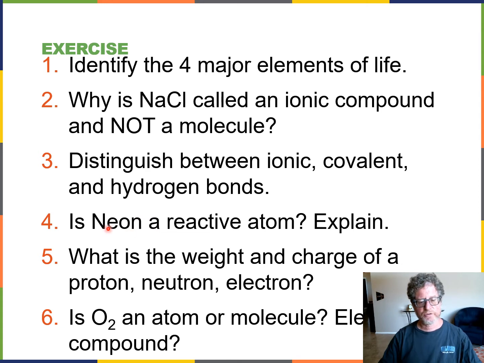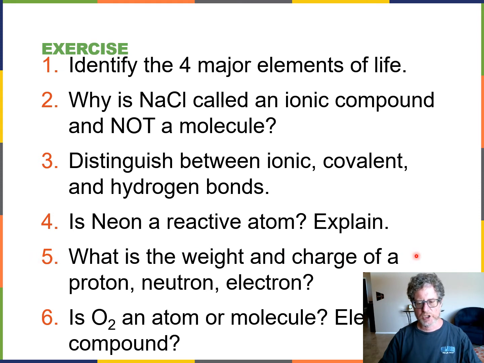So you can throw some neon gas into a glass tube, and if you electrify the neon gas, it won't react with the electricity, but instead it will glow a little bit, and that little glow will make the tube have different colors. So neon's non-reactive. It's an inert gas.